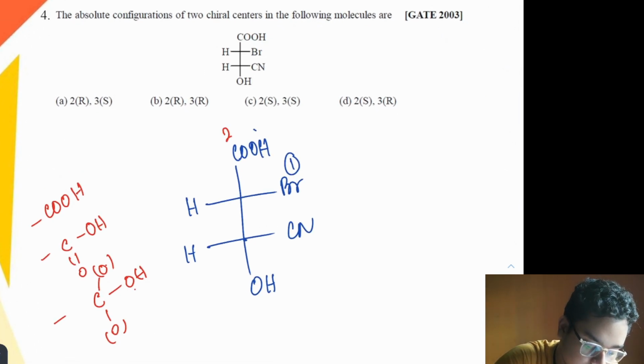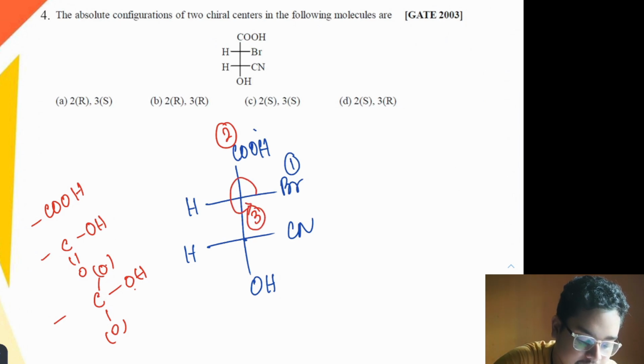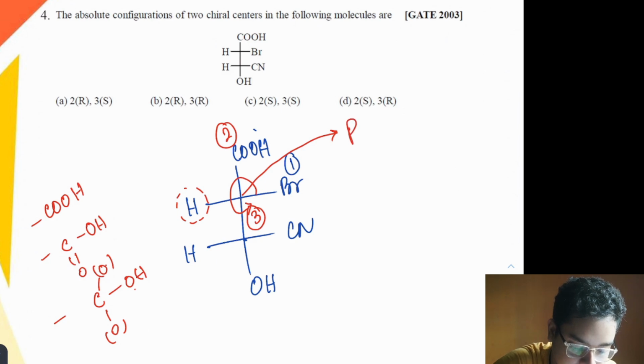So this will be your second priority group and this will be your third priority group. So now rotation 1, 2, 3 is anti-clockwise, and this particular group is the horizontal one. That means this center is 1, 2, 3 anti-clockwise and horizontal, which is R.